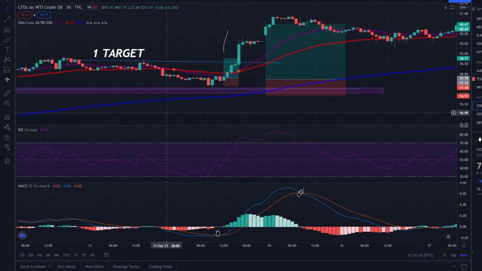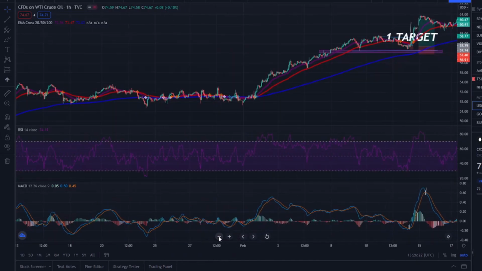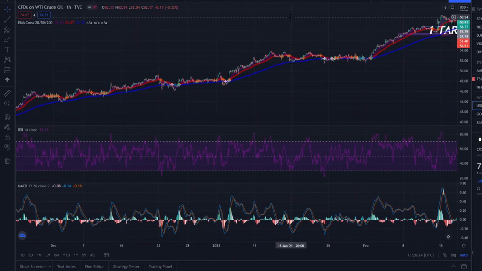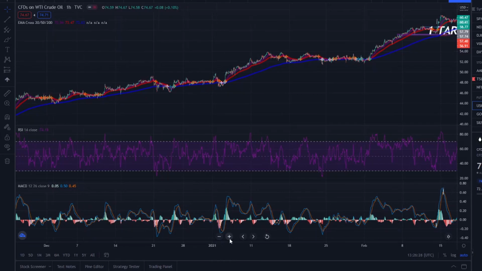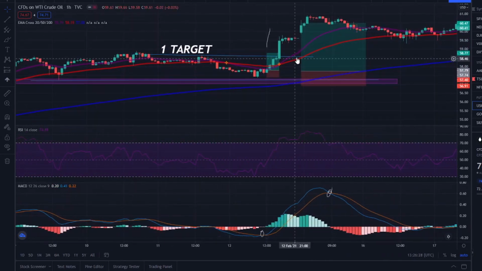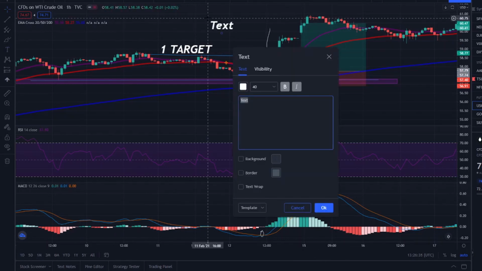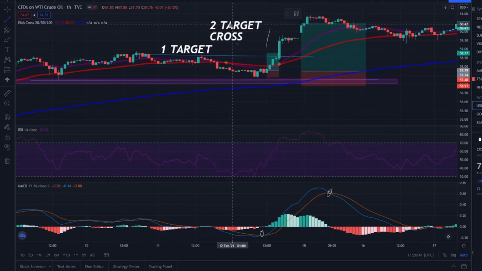And then, of course, you could zoom out to bigger time frames and look for another resistance area here or there. But here you would have your first target, and the cross would be your second target. So around here.